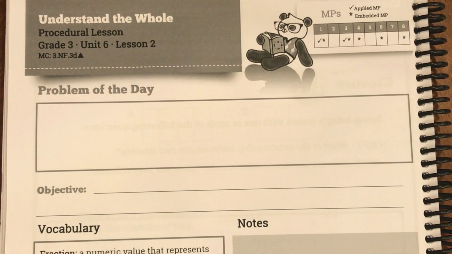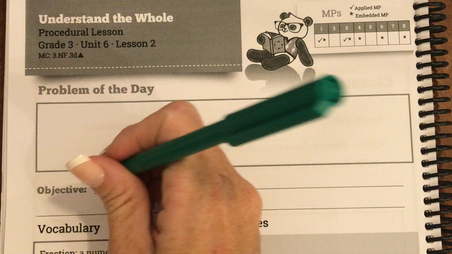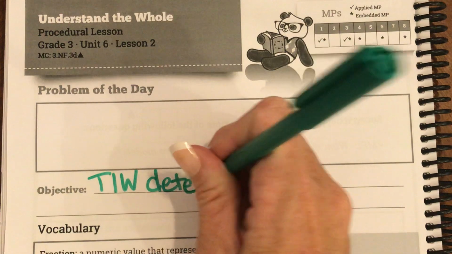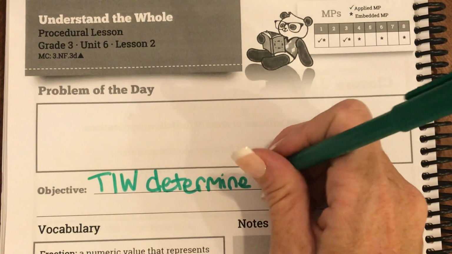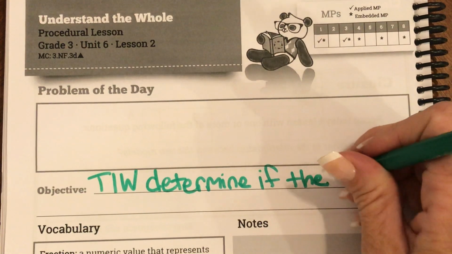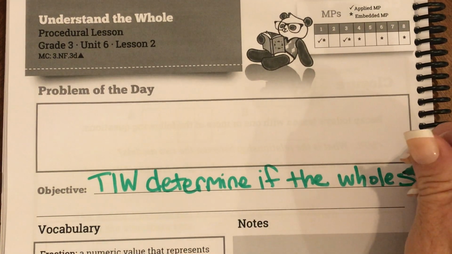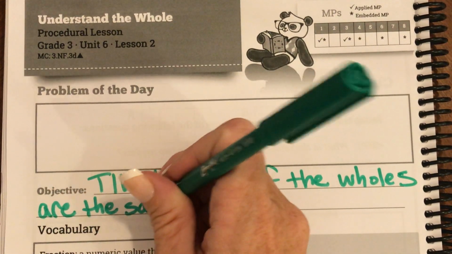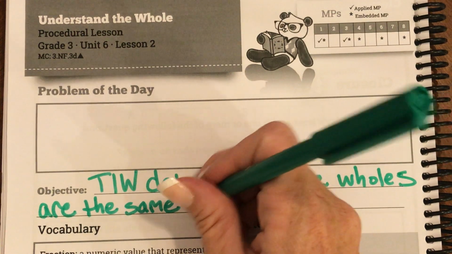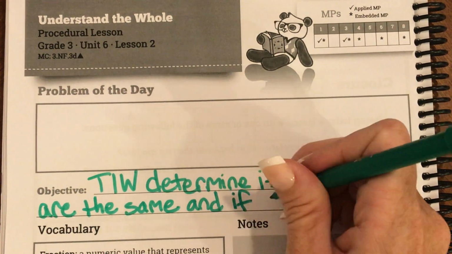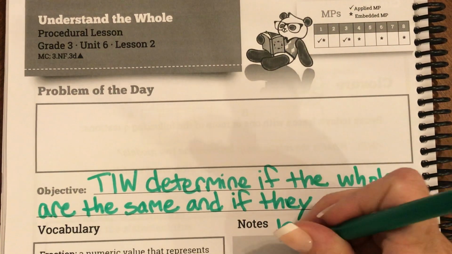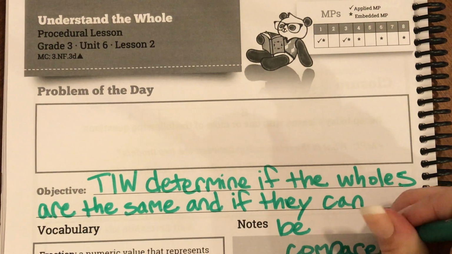Today we are on page 93 of your student journal, and our objective, or our goal, is: today I will determine if the wholes are the same and if they can be compared.